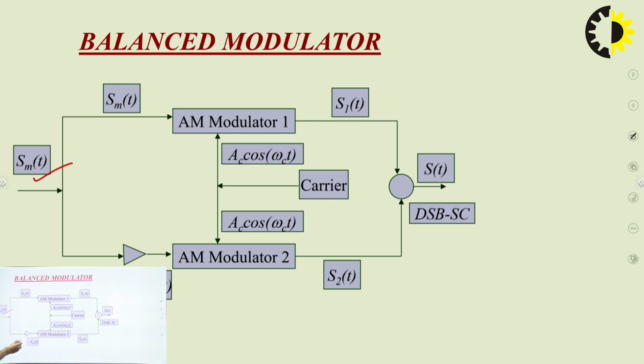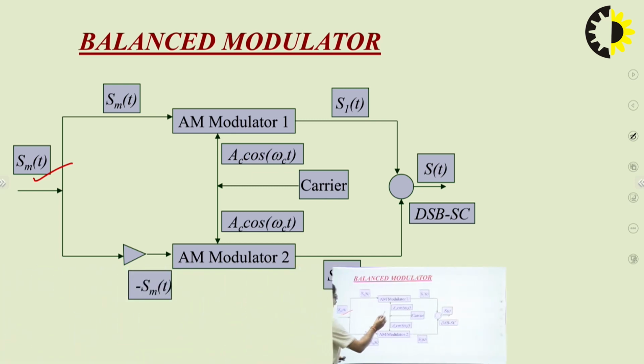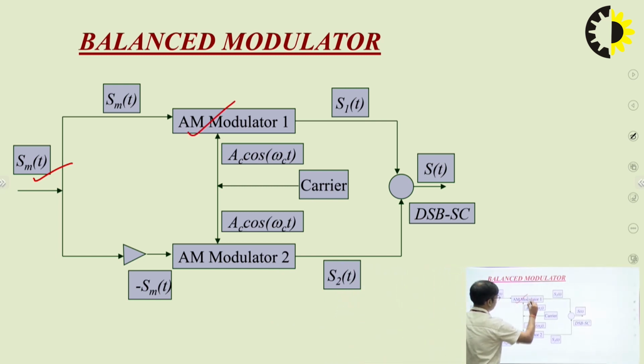This message signal is given to two amplitude modulators, AM modulator 1 and AM modulator 2. Note that in the first AM modulator the modulating signal is given as it is, whereas in the second AM modulator the modulating signal is shifted by 180 degrees before being fed to AM modulator 2.